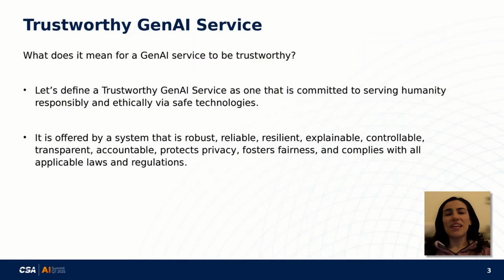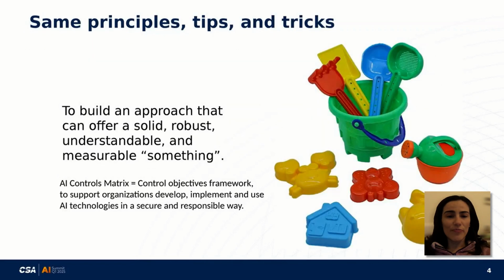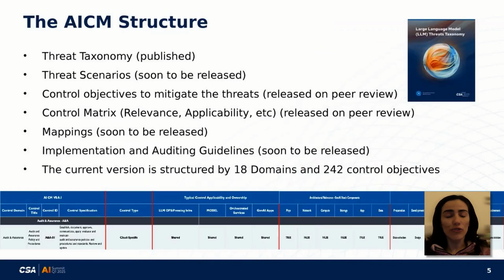Yes. Now, as I said, the idea is to have a trustworthy Gen AI service, something that is measurable, and that is why we based it on the Cloud Controls Matrix. So the idea is from before. It is nothing new. It is just a little bit more specific to AI. We can see that it is a framework of control objectives.